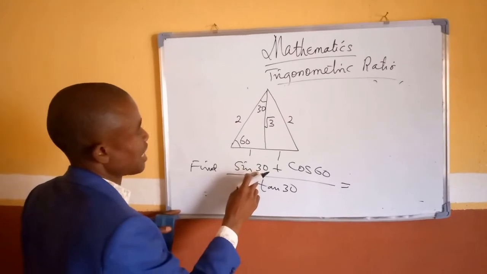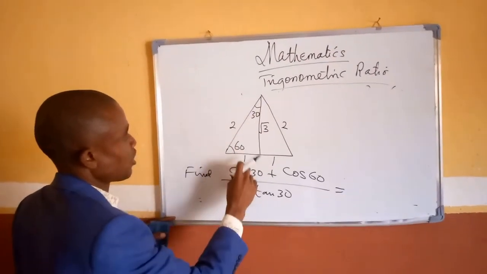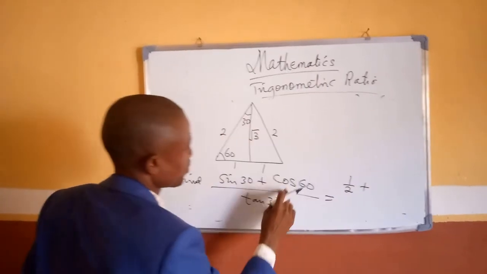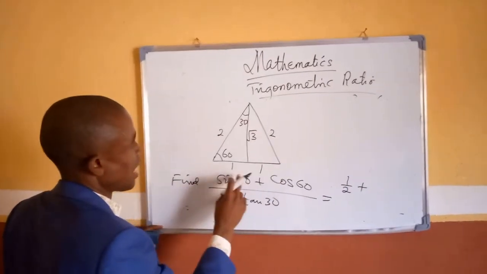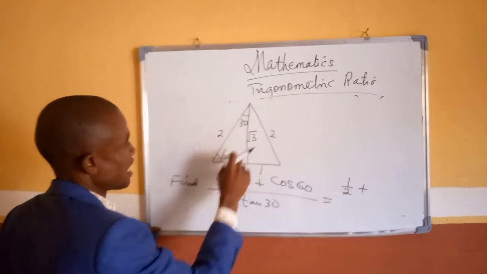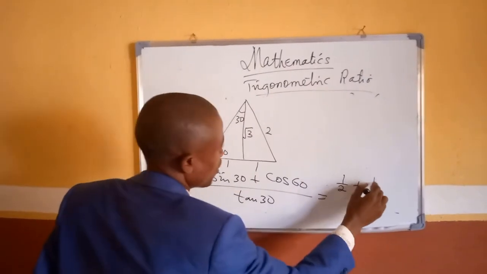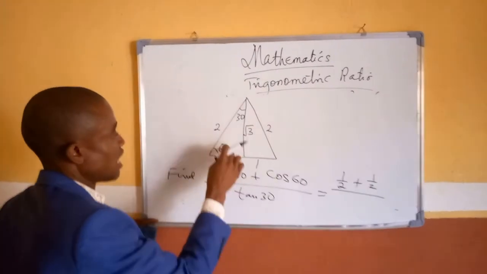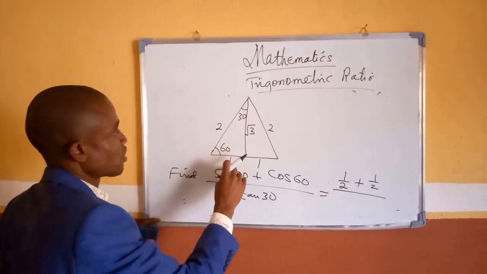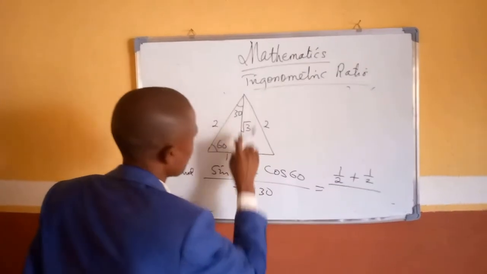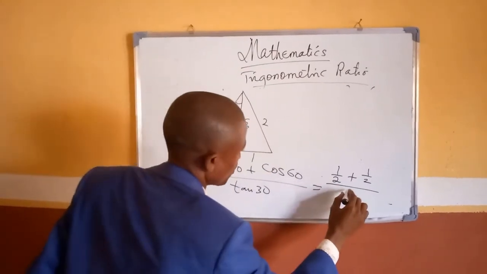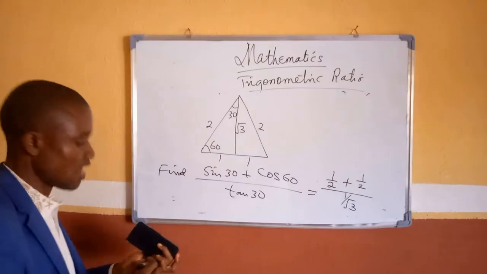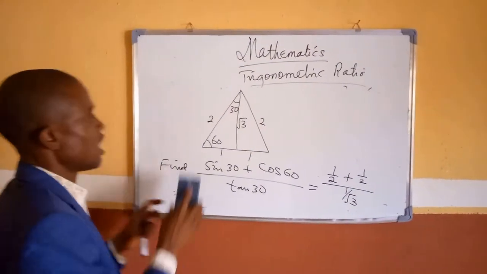Sine is opposite all over hypotenuse, that means 1 over 2, plus cos 60, adjacent all over hypotenuse, that's also 1 over 2. And then tan is opposite all over adjacent, that means 1 all over root 3. Half plus half.